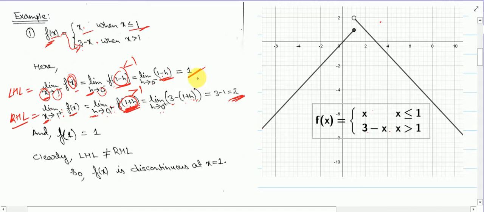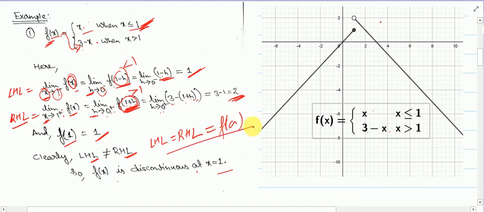So here what did you observe? Next one, f(1), according to this, f(1) will be 1. So here you observe that the left hand limit is not equal to the right hand limit. So f(x) is discontinuous at x equal to 1, because the condition is that the left hand limit should be equal to the right hand limit, and this should be equal to f(a), like here in this case a was 1.